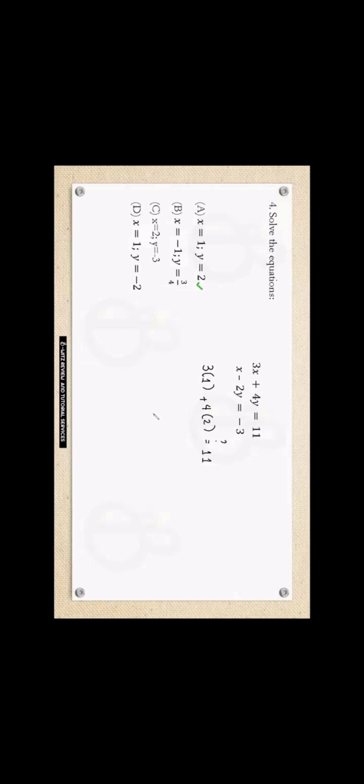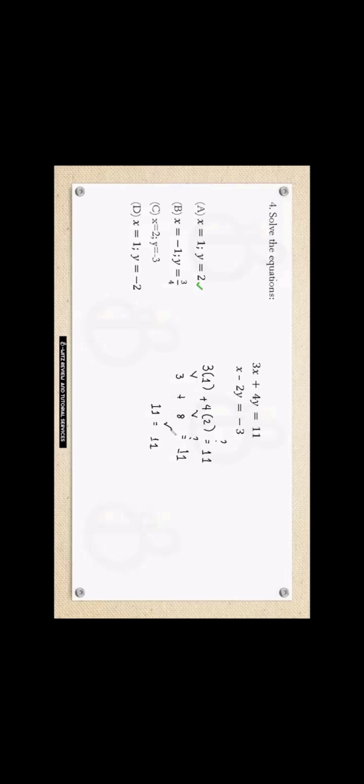The left side of the equation must be equal to the right side, which is 11. By performing the PEMDAS rule, 3 times 1 is equal to 3, plus 4 times 2 is equal to 8. Is that equal to 11? Yes, because 3 plus 8 is equal to 11.